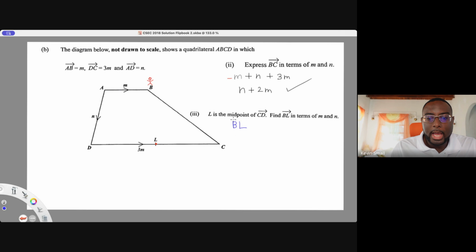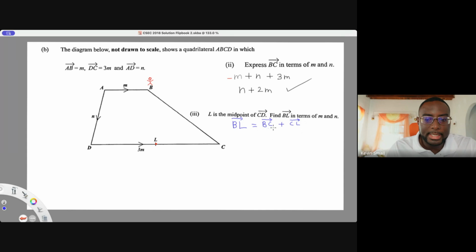I can say B to L is B to C first, and then it would be C to L. Remember, go to the bus stop, and then from the bus stop, you go to your destination. So B to L is B to C, and then C to L. This is a way you can look at it.